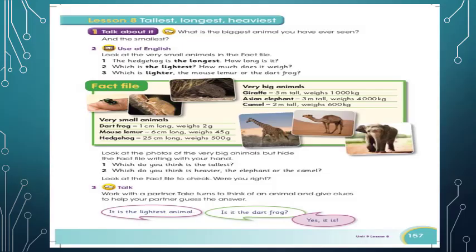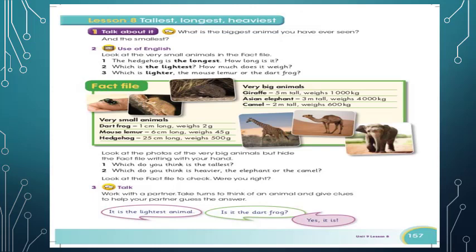Now, after this wonderful video, we shall open our learner's book on page 157. Look at this page and tell me what can you see on this page. Yes, your answers were correct.